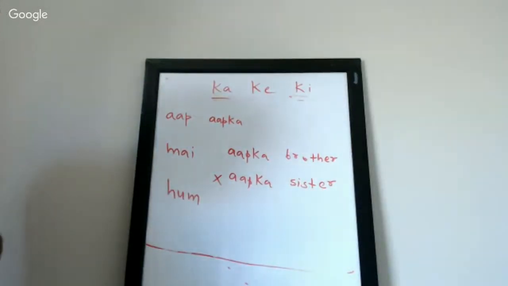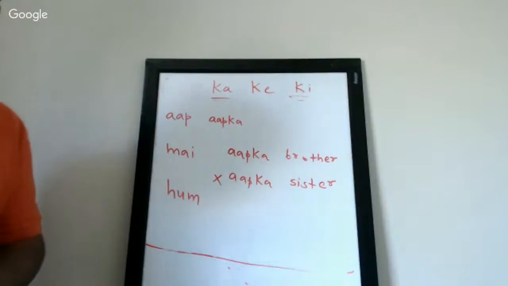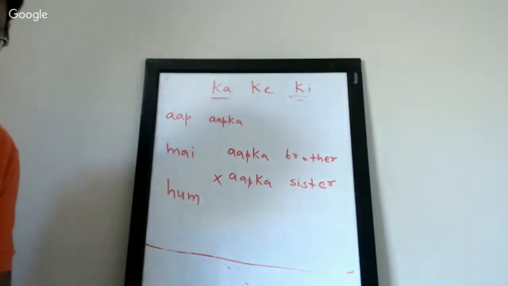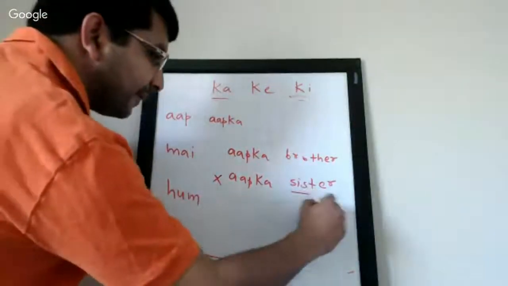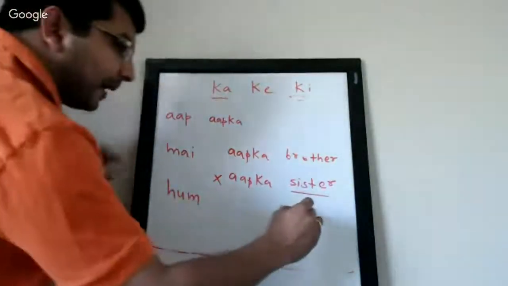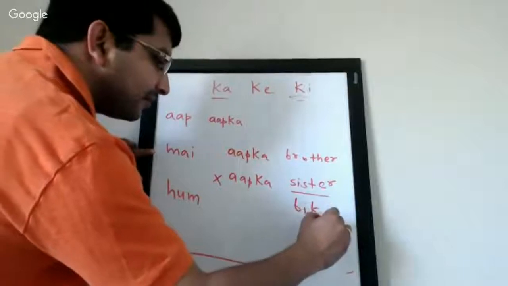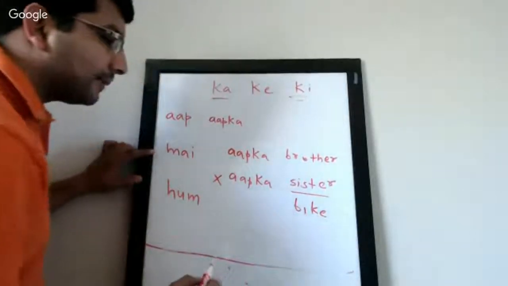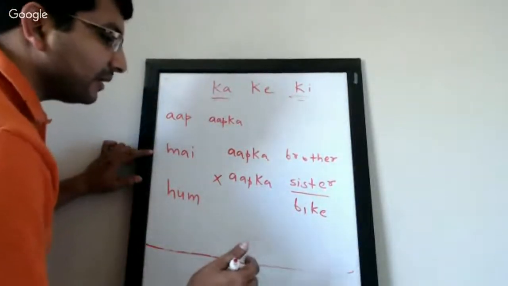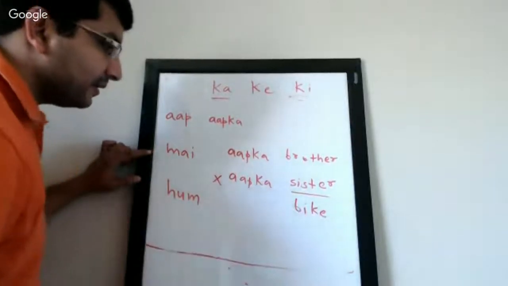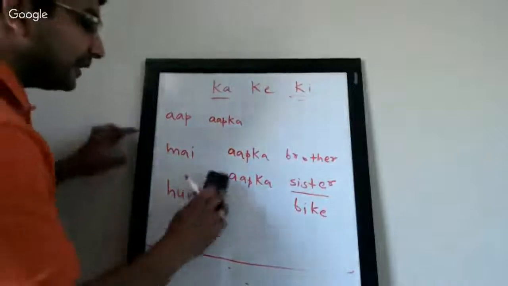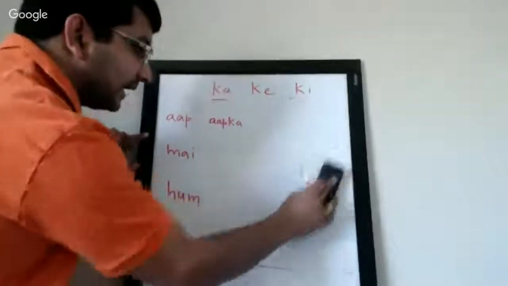Why so? Okay, right. Basically, because this is the feminine one. Aapki sister, aapki bike, aapki university, all of them are feminine. That's why you are using ki here. Very good, so that's the basics of it.